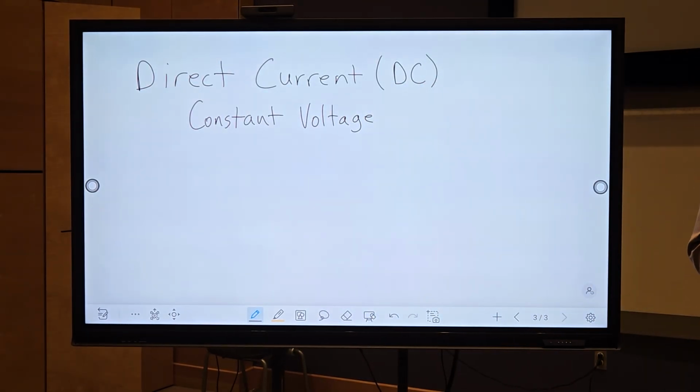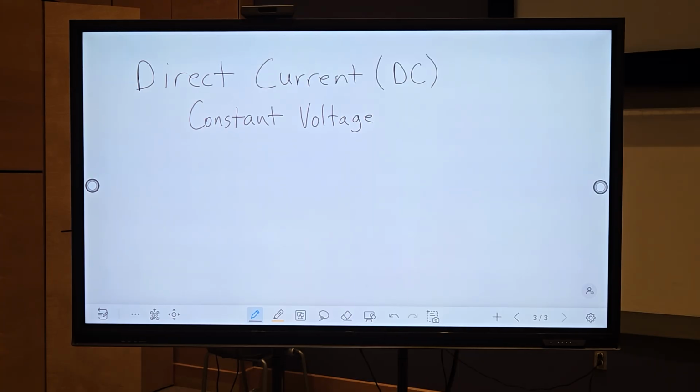There are other sources of constant voltage as well, direct current, like the USB port on your computers or your charging blocks that you charge your phone with. That's DC as well. For USB, it's 5 volts.